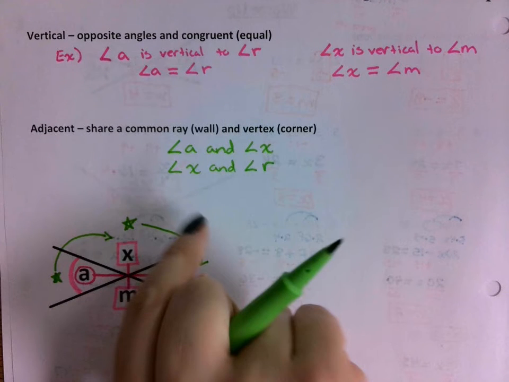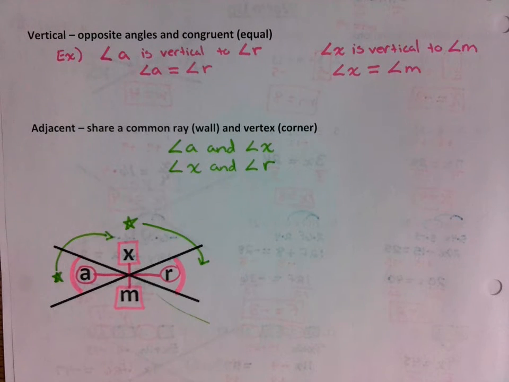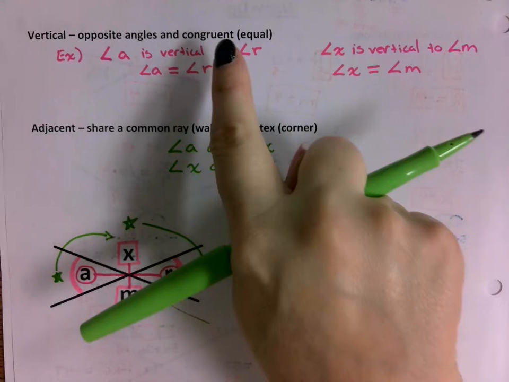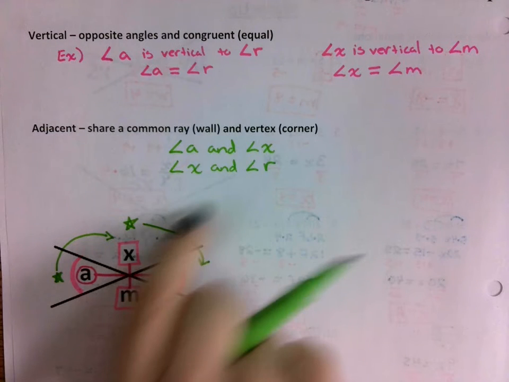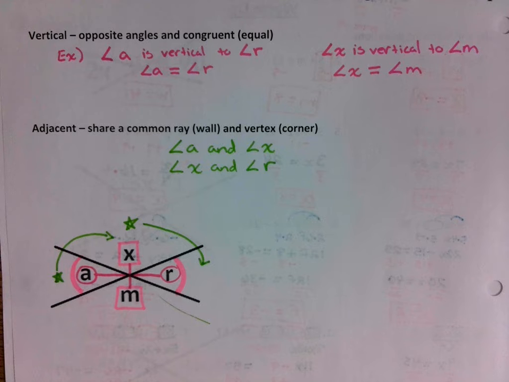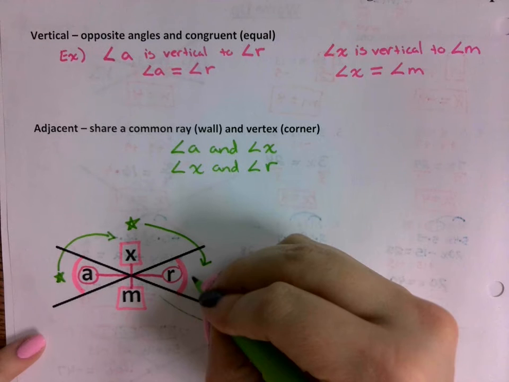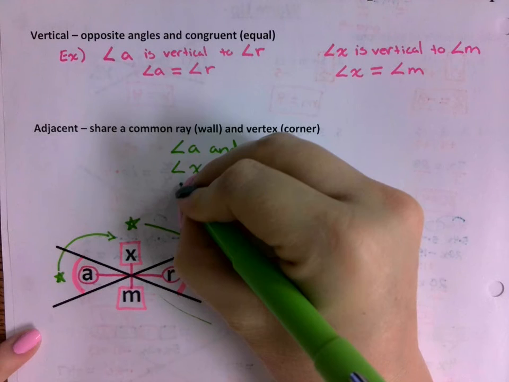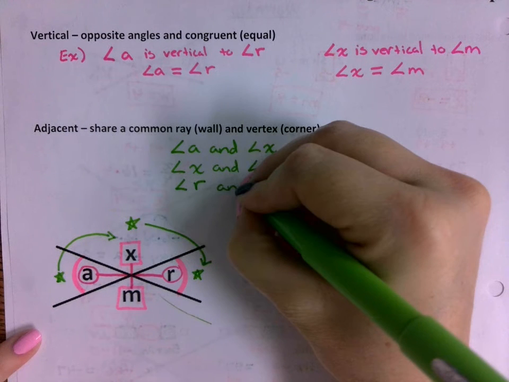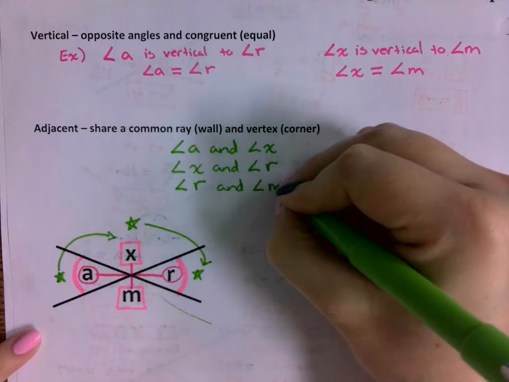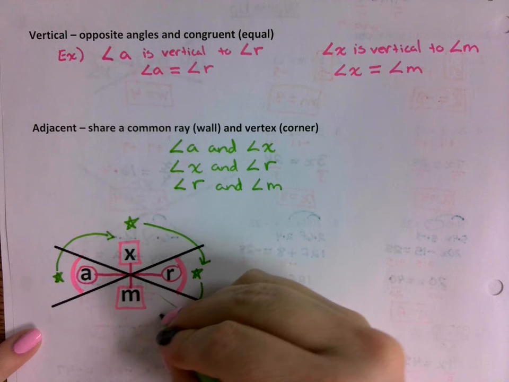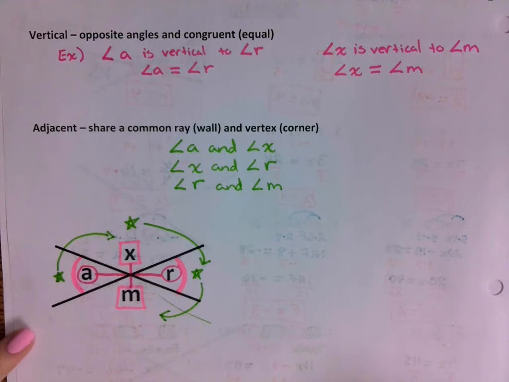Okay, vertical angles cannot be next door angles as well. They cannot be adjacent and vertical at the same time. Okay? All right, angle R also has another neighbor. What's angle R's other neighbor? Angle M. And then angle M has another neighbor. It is angle A.